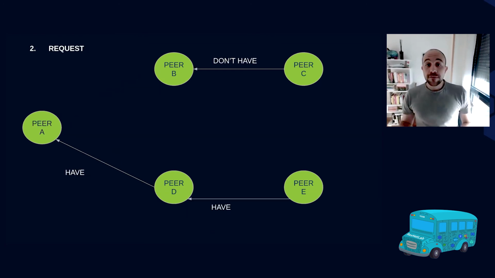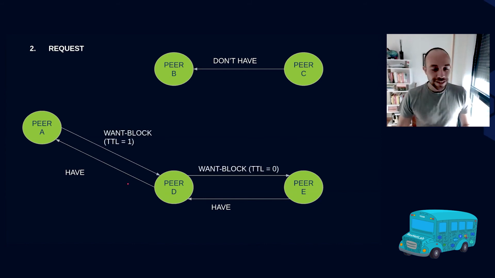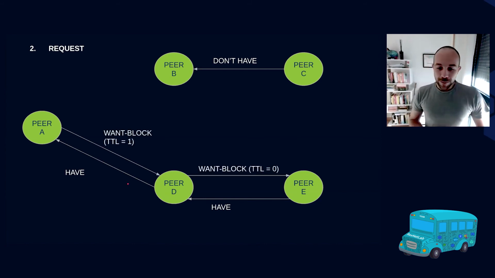Depending on whether these peers have the content or not, they will answer through the relay session with a don't have or a have. We see that peer E has the content, and it tells this to peer D, and peer D forwards this have message to peer A. So peer A, through its session, will operate as if peer D was the one having the content. It will send a want-block with a TTL of 1.